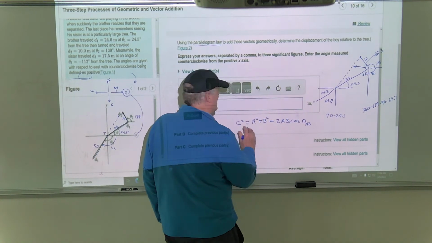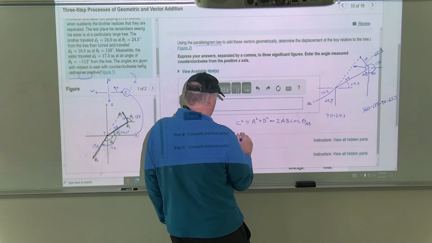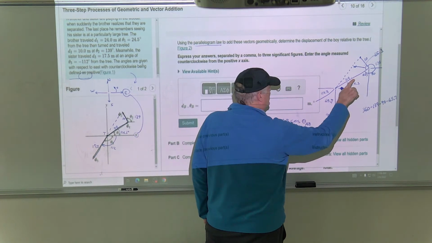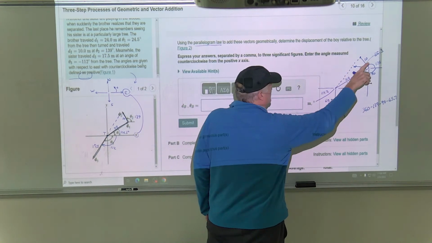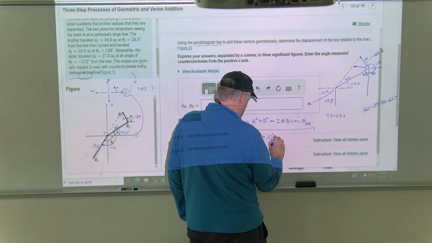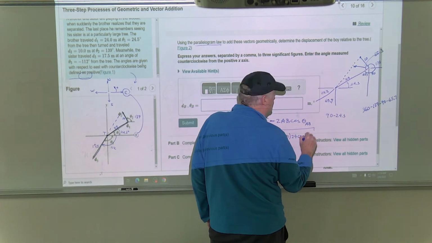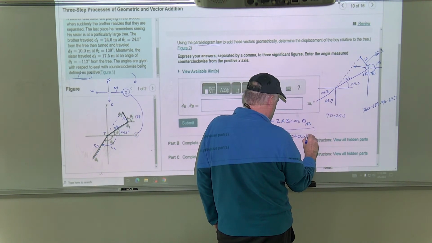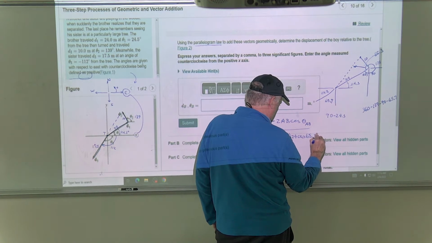So, if I want to know this side and call that side c, I can say the side c squared is equal to this side, which is 24 squared, plus that side, which is 10 squared, minus 2 times 10 times 24 times cosine of the angle between that line and that line, which is 65.3, and I've got to put a degree up there.